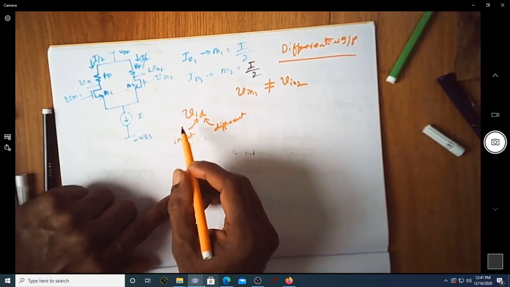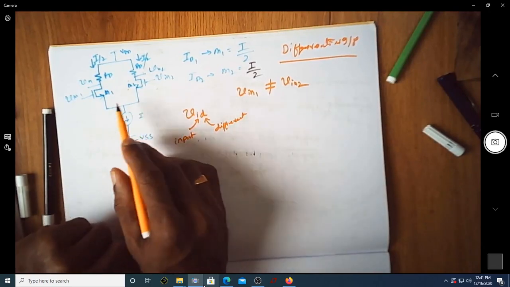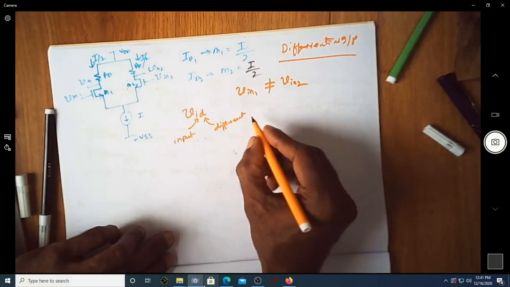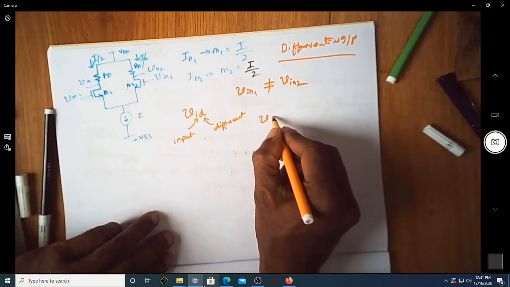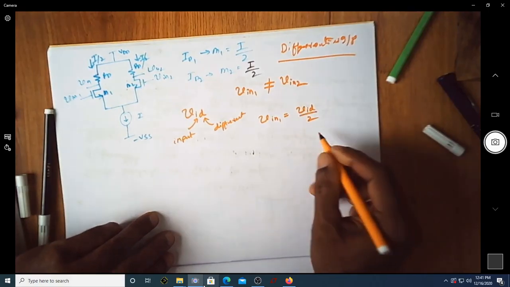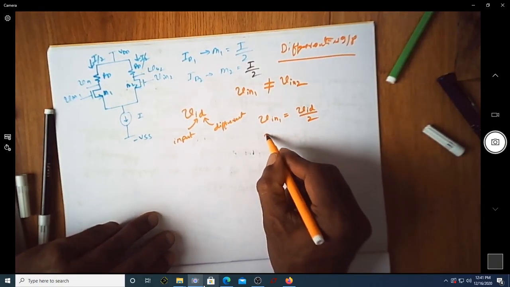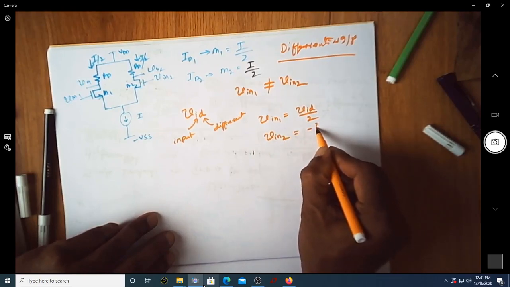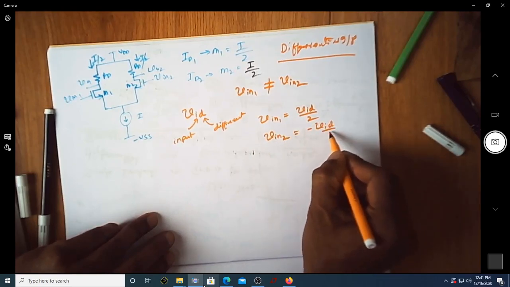Since I want to apply a different input voltage between Vin1 and Vin2, let us apply to Vin1 half of VID, that is VID by 2, and for Vin2, let us apply minus VID by 2.